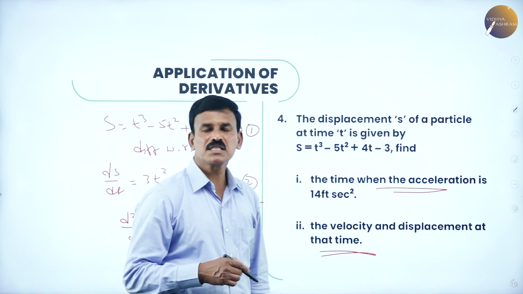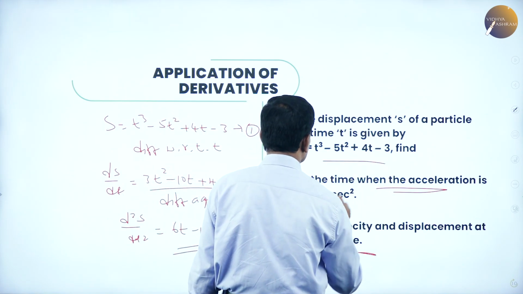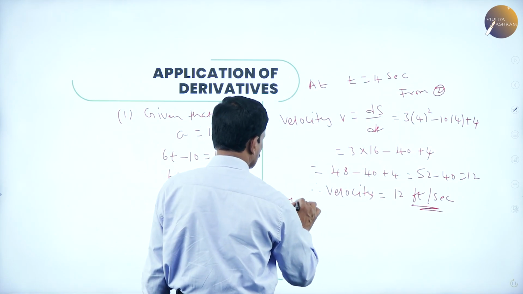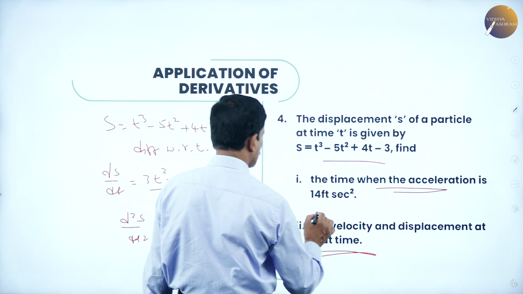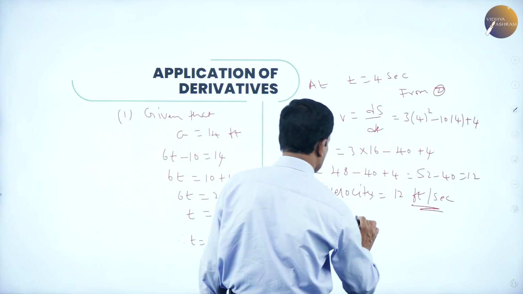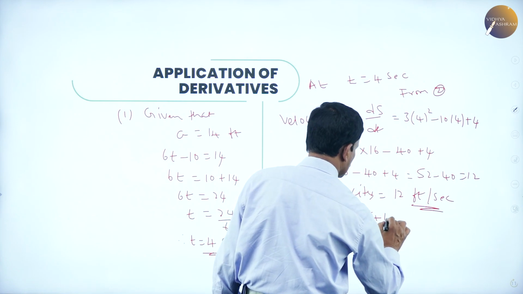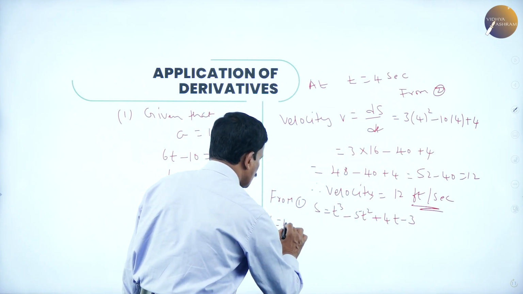To find the displacement, just substitute the value of t in this given equation. So, from 1, s is equal to t cube minus 5t square plus 4t minus 3. Put the value of t, t is equal to 4, that is it.